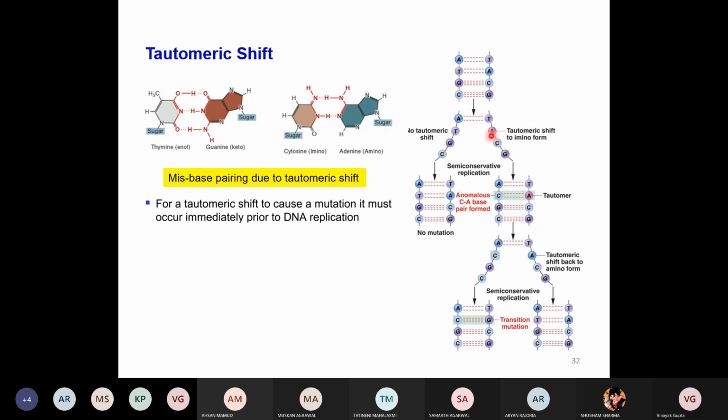At the same position, we were having AT. Ultimately, following DNA replication, we have CG now. And this is applicable to the coming slides also. Wherever you modify A, base pairing is going to change. So the ultimate outcome is going to be AT to CG conversion.